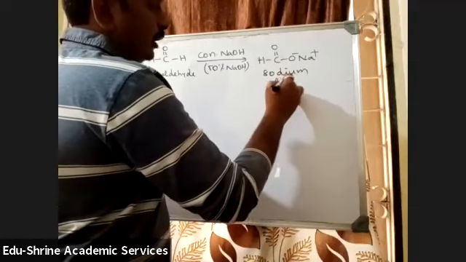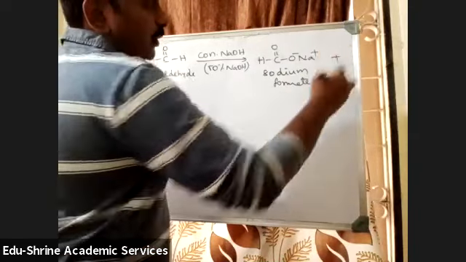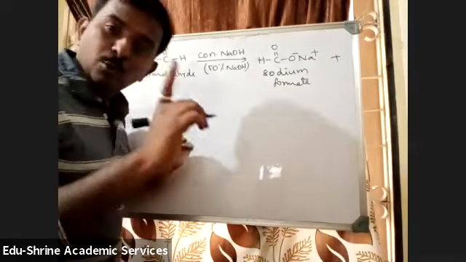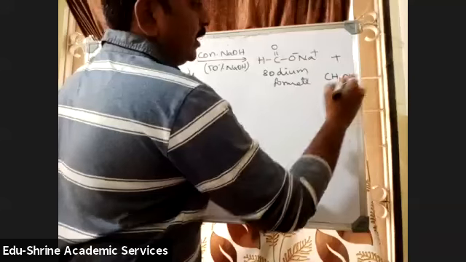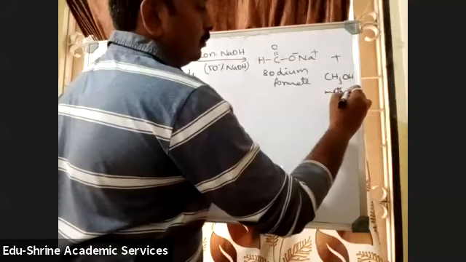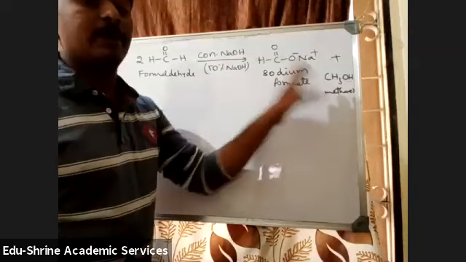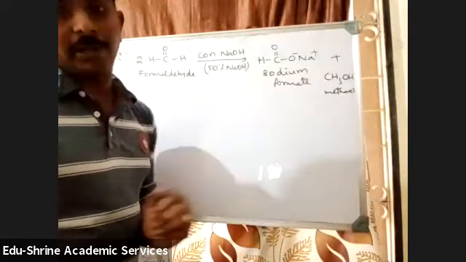This is the salt of carboxylic acid, sodium formate. Plus what must be the other product? It must be alcohol. So how many carbon atoms are there? Only one carbon atom. So you need to get an alcohol containing one carbon atom. It is methanol. So these two will be the products. So one is oxidized product, other one is reduced product.